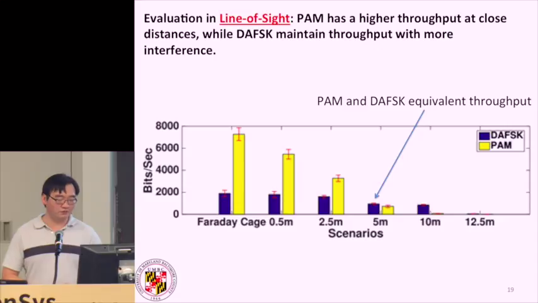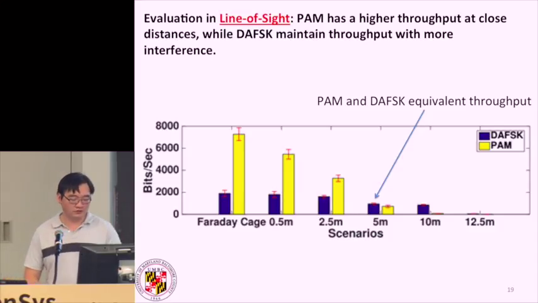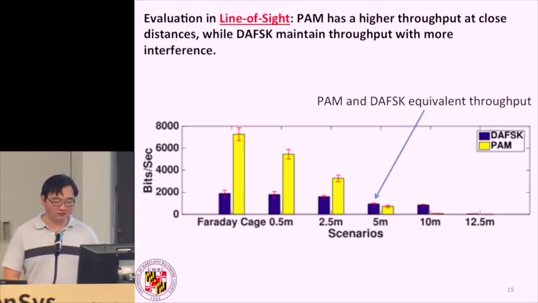So of course I'm just picking out a couple of results. If you're more interested in results, you can of course read the paper. So in line of sight, we did at different distances up to 10, 12 meters. It's basically a rolling chair that rolled down the office, and we measured the throughput, the bits per second.